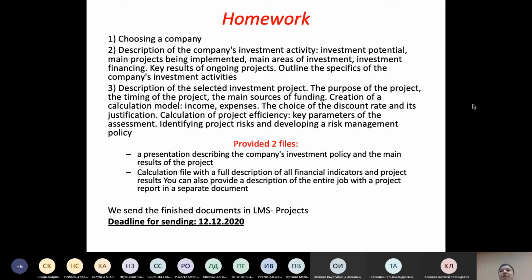And as part of your calculation file, it will be the presentation of the main risks of your project and the modeling of the influence of these risks on the elements of our project. If necessary, you can also provide a description of your entire job with a project report in a separate document.